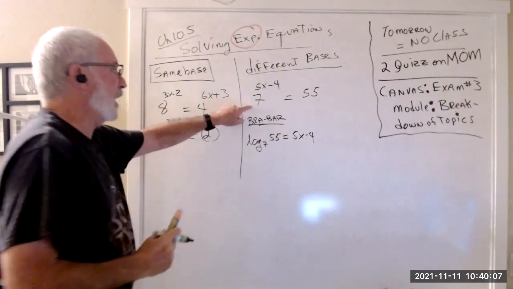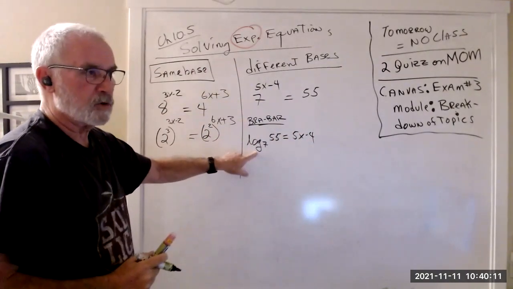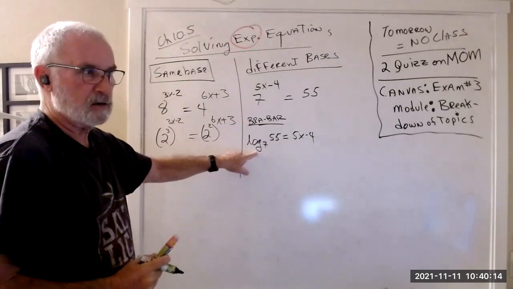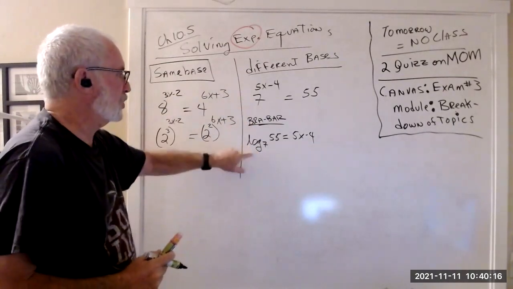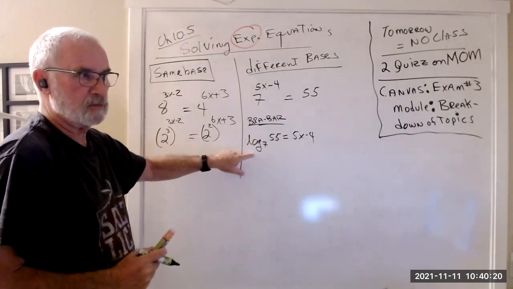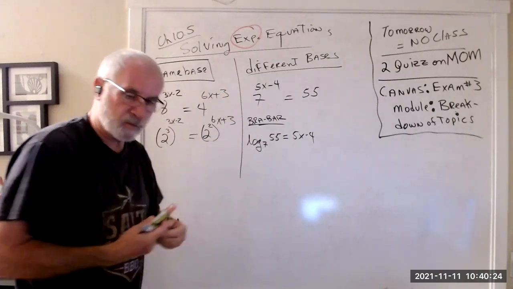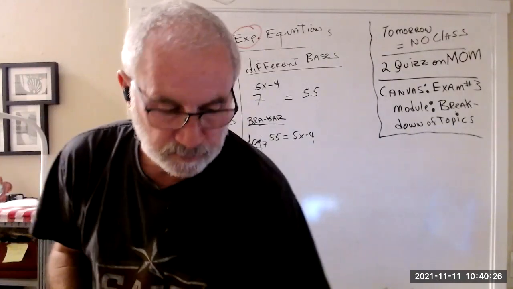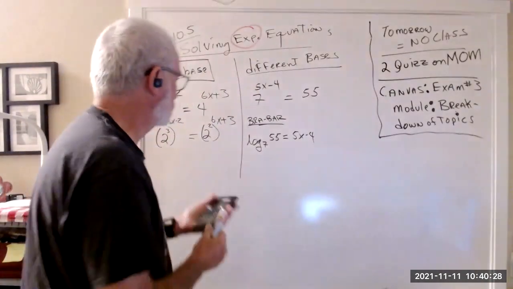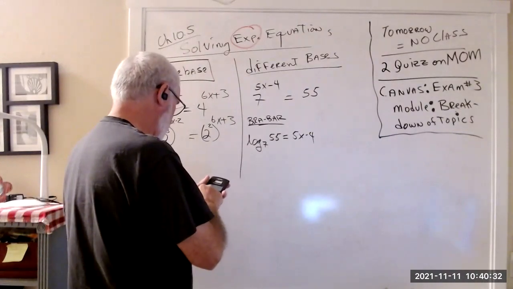Remember, this is the exponential, and this is the logarithmic version of the same thing. These two equations, according to the Bra-Bar rule, are the same. At this point, then we just used our calculator and all the fancy stuff.